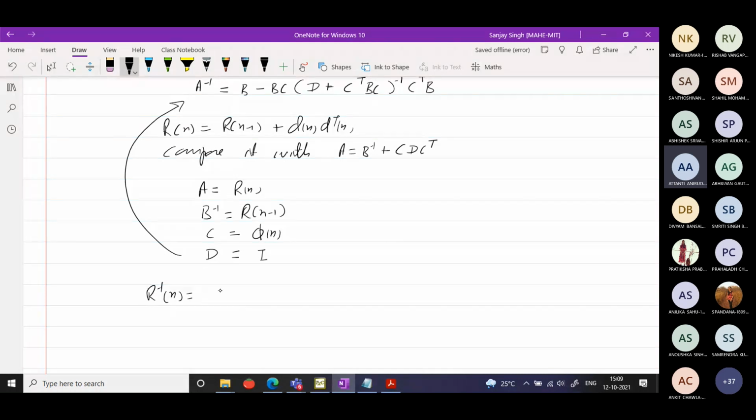That is A inverse equal to B. B means, so you have this R inverse n minus 1 minus, I'm writing directly now, R inverse n minus 1 phi of n, phi of t n, this R inverse t n minus 1, and here 1 plus phi of t n R inverse n minus 1, and of course this phi of n.